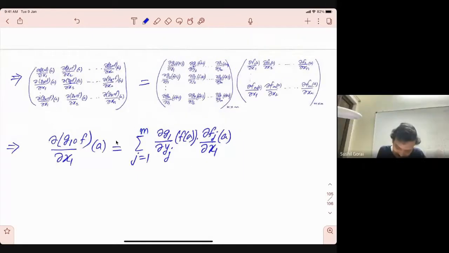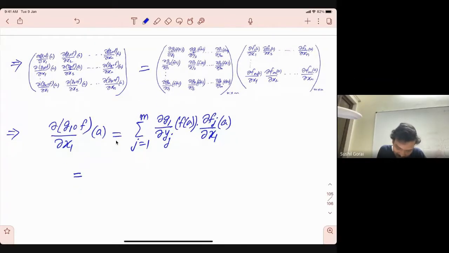So, of course, this function is a good one, but let me put it in explicit form because this is what is going to be very, very important.